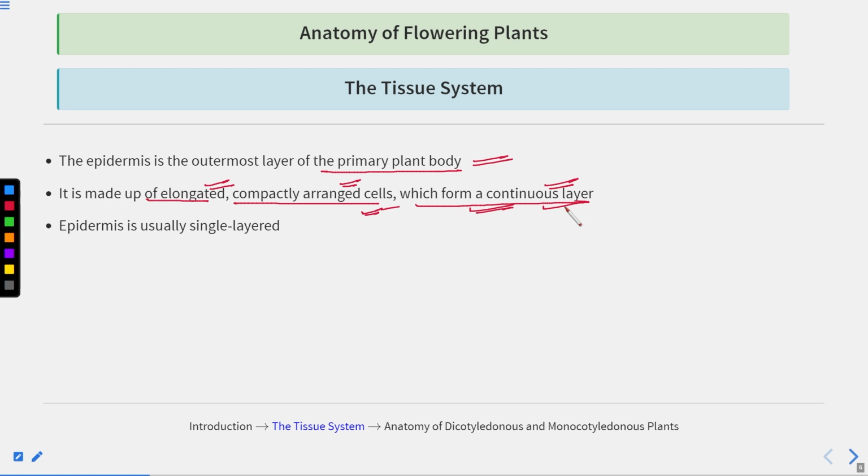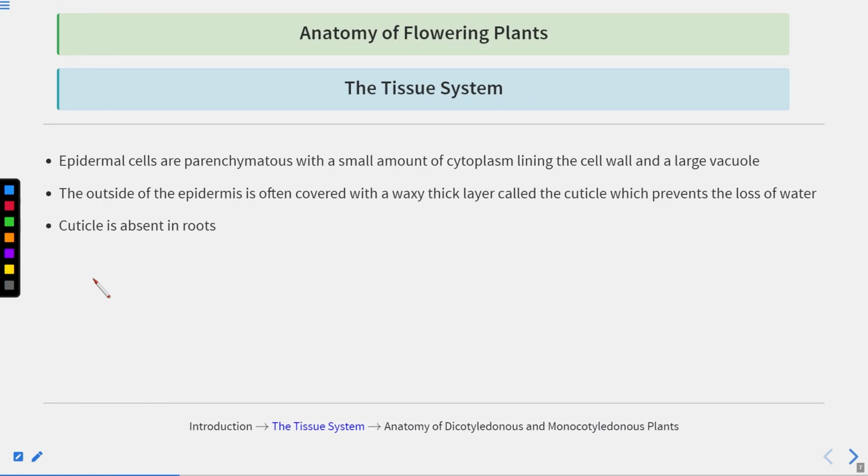So it is making the continuous layer, and epidermis is usually single layered. This is also a very important point. You can see the single layer of epidermis on the surface of the leaf, on the surface of the stem, and also on the surface of the root. So epidermal cells are parenchymatous.